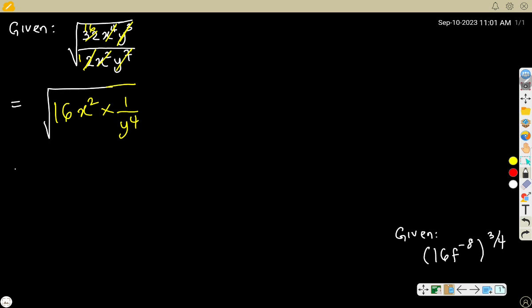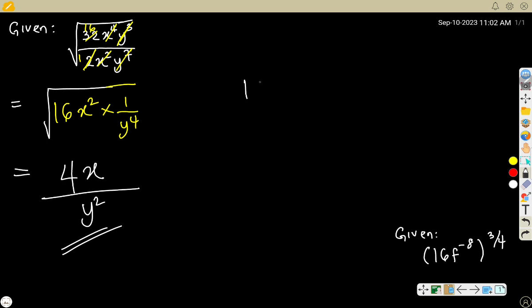Square root of 16 will give you 4. Square root of x square will give you x, over square root of 1 over y4, that will be y square. So the same as the former answer.